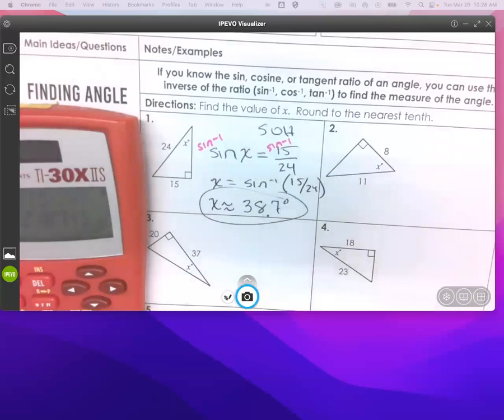Let's put a degree symbol on it. Any questions on this? Please try number 2 yourselves now.